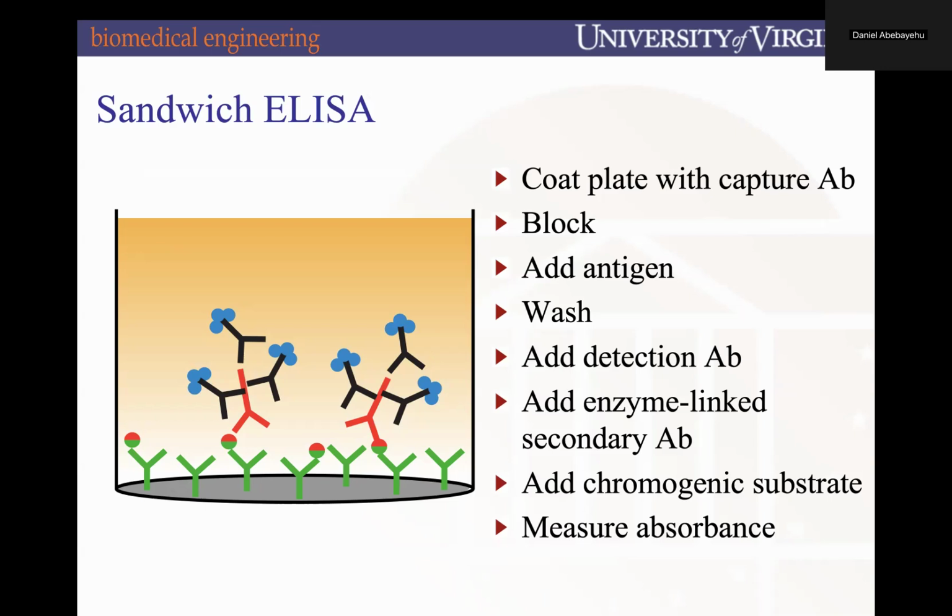If you're trying to measure whether there are antibodies that are produced in response to some sort of antigen or some molecule, and you're trying to understand, is there an immune response to this? Is the body making antibodies against this molecule? One example that's trying to be answered currently in the field of biomaterials is, for example, PEG-based or polyethylene glycol-based biomaterials. Is our body making antibodies against PEG?